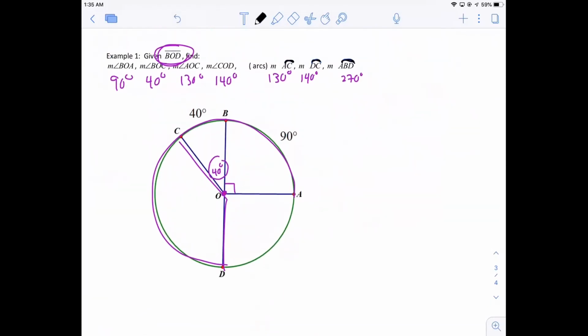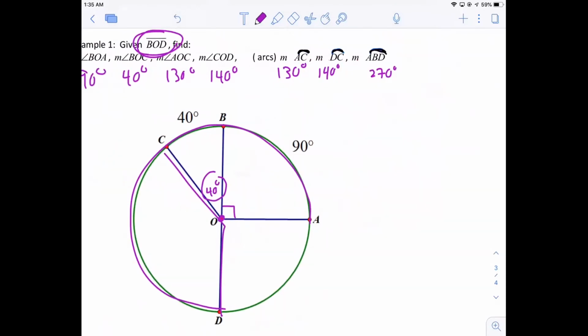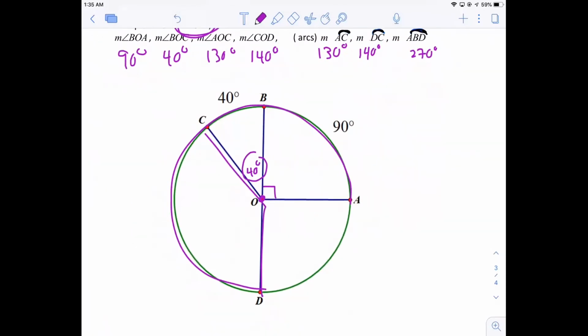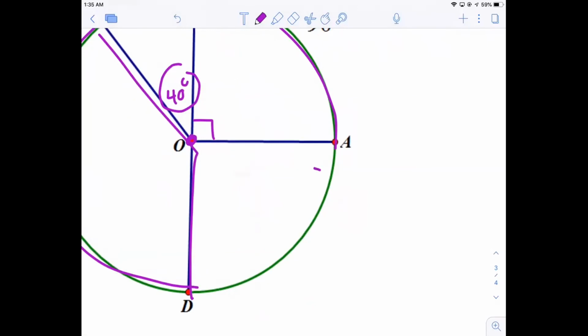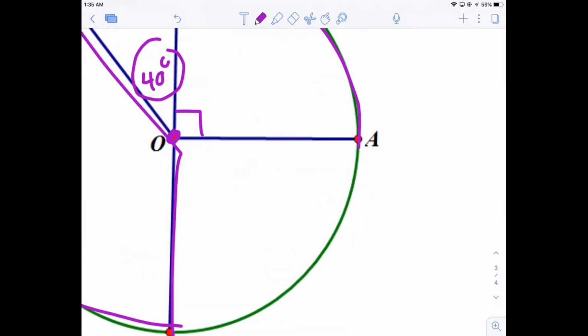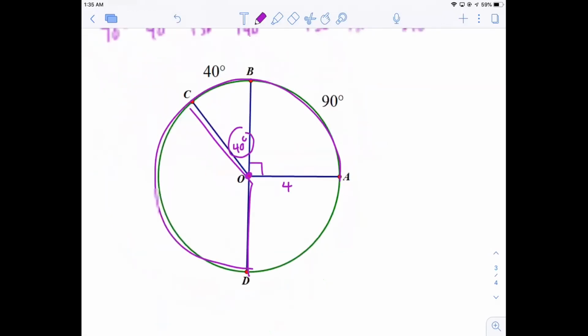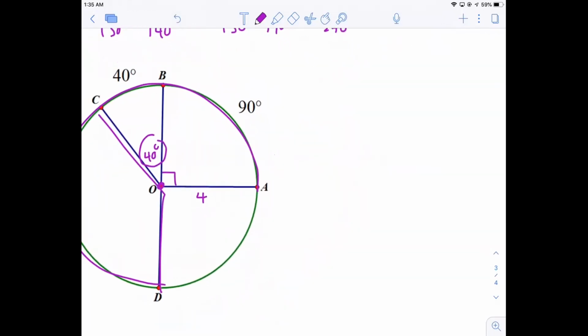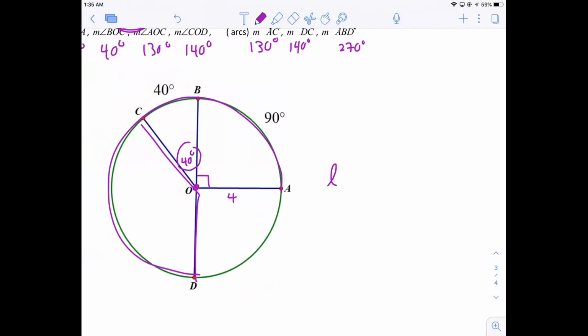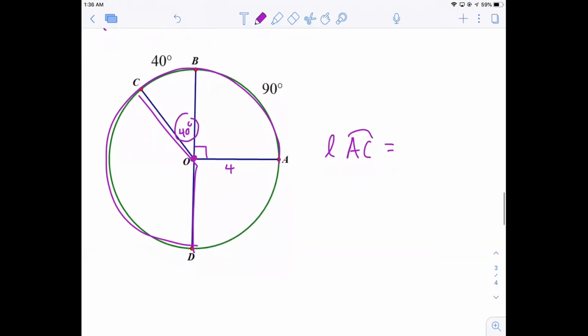And just one more quick one. If we're looking for arc length, let's say the circumference here was given by this radius. Let's make the radius 4. All right, let's find the arc length of AC.